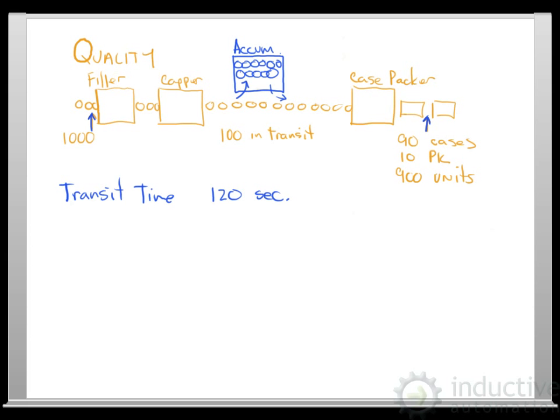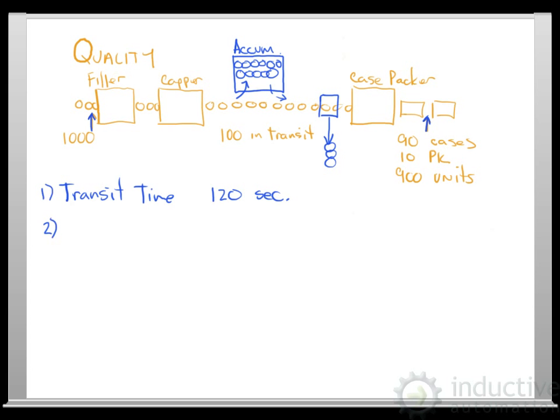We have a couple other options for how to handle this. One is you can have inspection stations, maybe a vision system, something like that. And if it can detect the rejects, we can count. So that was our first option.